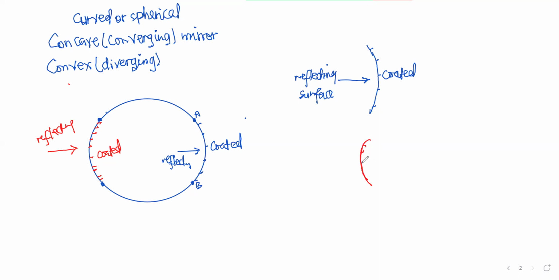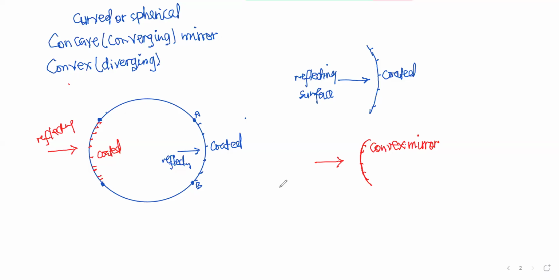If this is the case, then I have formed what we call a convex mirror. So for convex mirrors, the reflecting surface curves outwardly, whereas the coated surface curves inwardly. So these are the key differences between concave and convex mirrors.